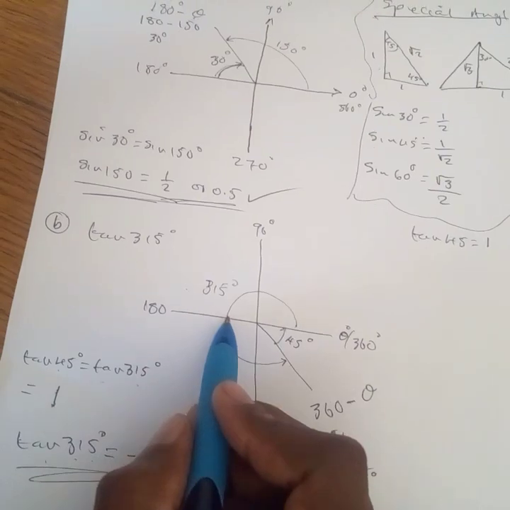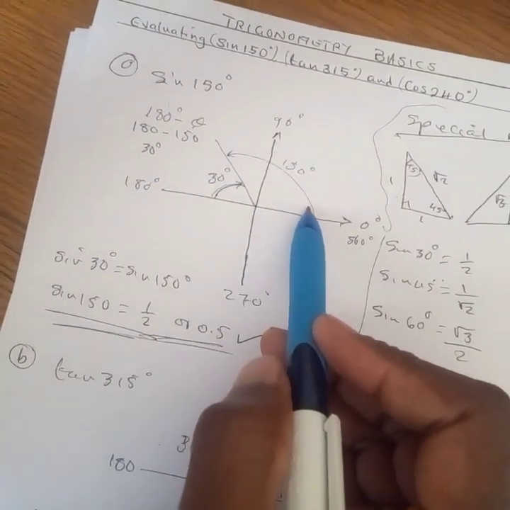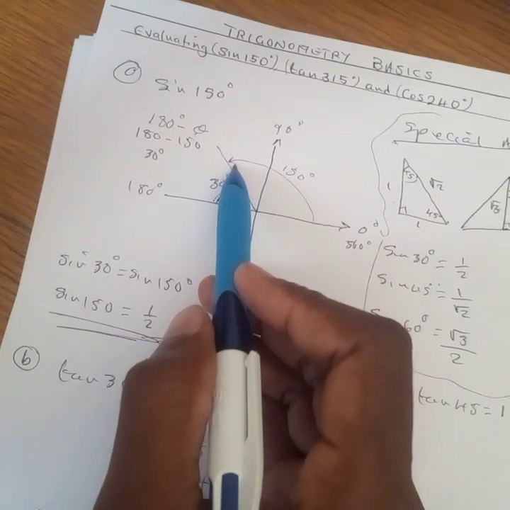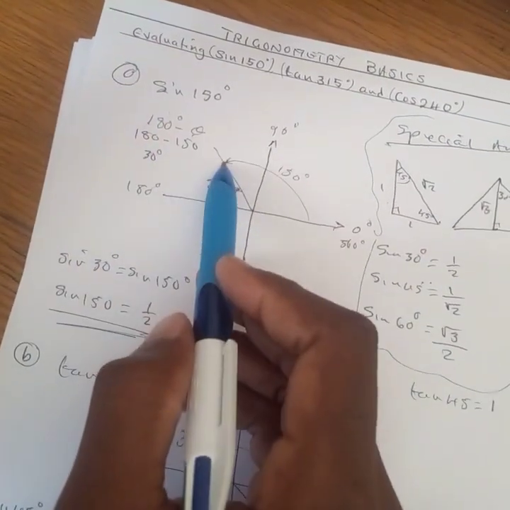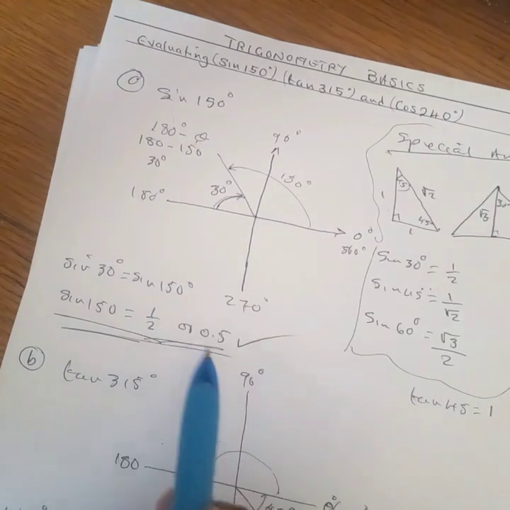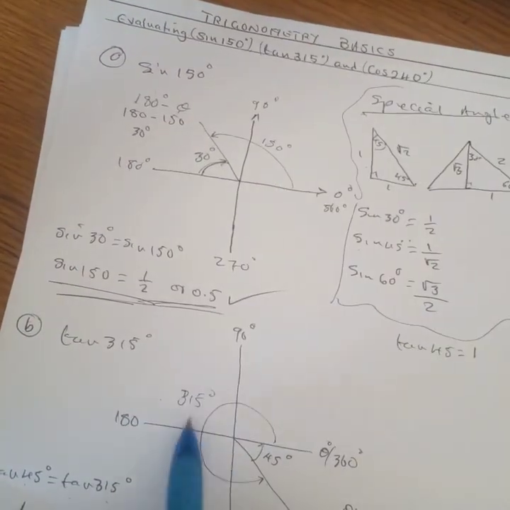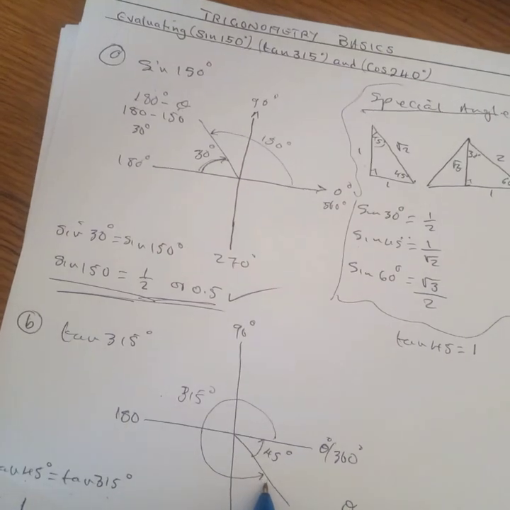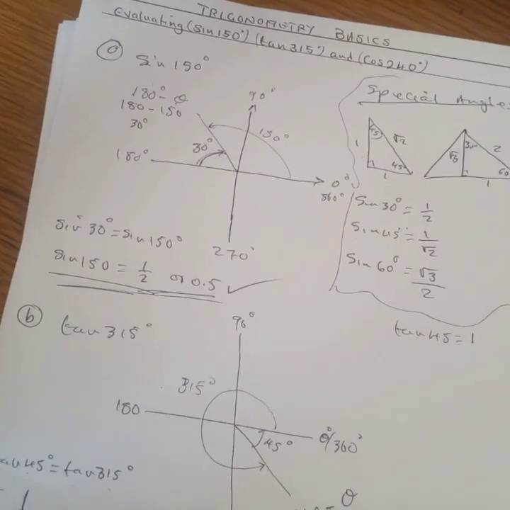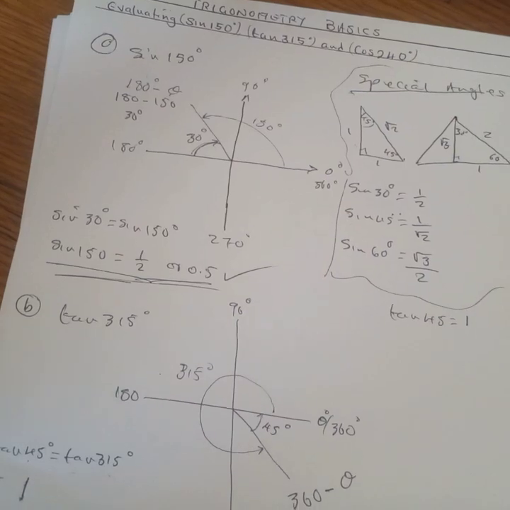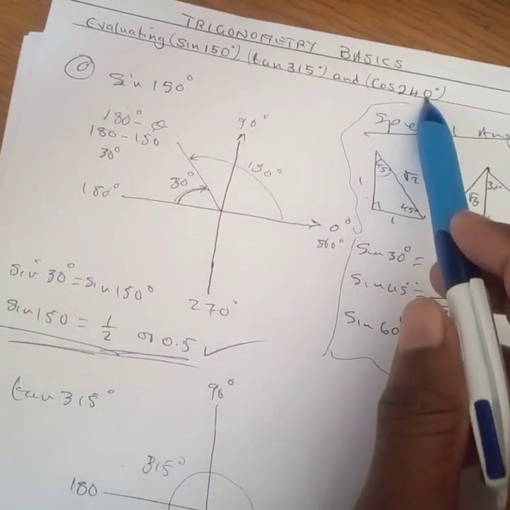For instance, the angle 150 is in the second quadrant where sine is positive, so the answer should be positive as well, not negative. But 315 is on the negative side, so tan 315 is supposed to be negative 1. Now you do the same for cos 240.